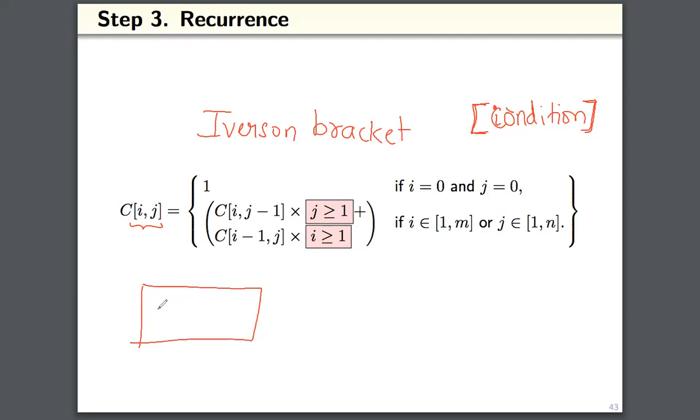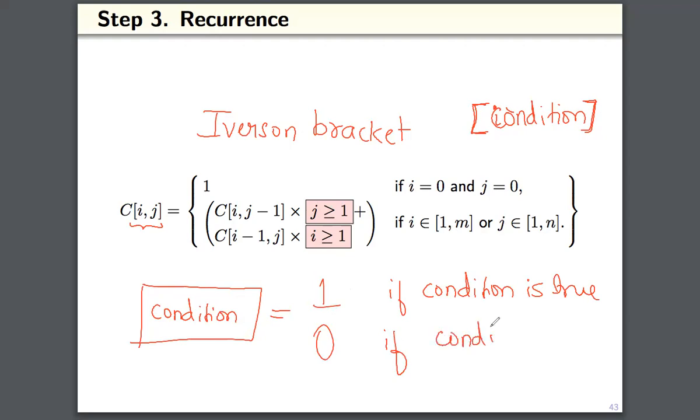So a colored box for a condition means replace that box with 1 if the condition is true, and replace that box with 0 if the condition is false. Make sense? And that condition depends on the value of j.